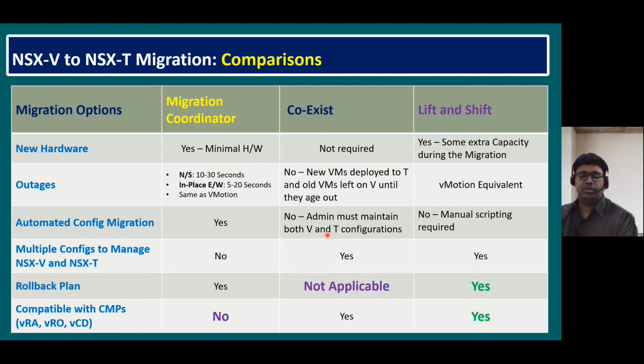That is the reason we also mention coexist is a brownfield environment. But when it comes to the lift and shift model, a rollback option is available, and even if your customer is using a cloud management platform like vRA, vRO, and VCD, vCloud Director, we can still use the lift and shift method. The only challenge in this method is that the customer has to buy some extra hardware. I'll give an example.